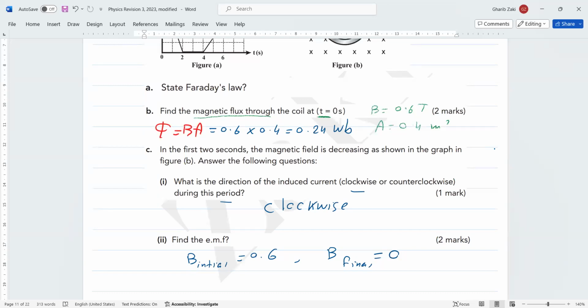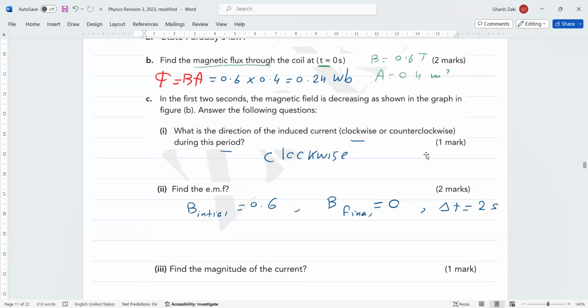What is the time? So delta T, the change in time, is 2 seconds. Now, the change in flux density, delta B, equals B final, which is 0, minus B initial, 0.6, equals negative 0.6 Tesla.